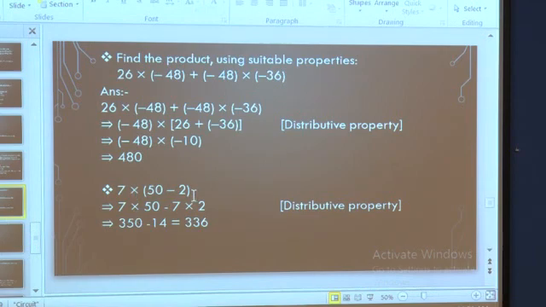First we will solve this bracket: 50 minus 2. So, here is 50 multiplied by 7 and here is 2 multiplied by 7. Multiplication of this gives 350 minus 14, since 7 twos are 14, so the answer is 336. So, we are using this distributive property. You can solve many different types of examples by taking your own integers.